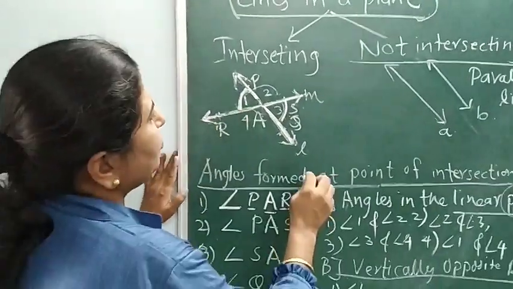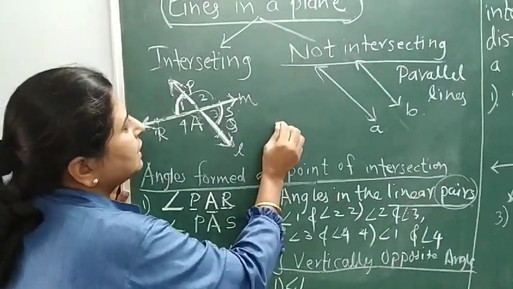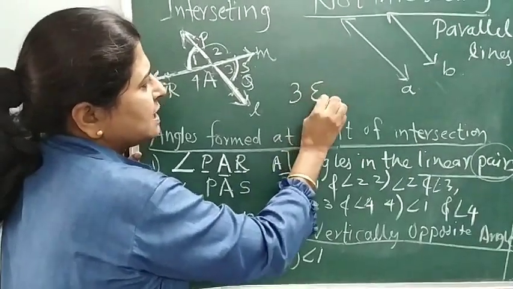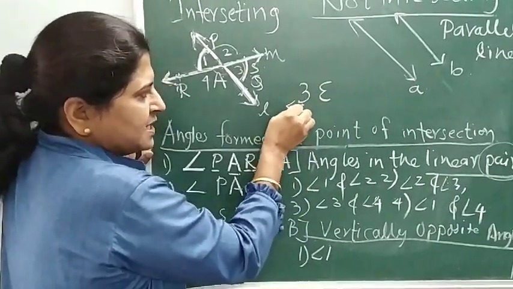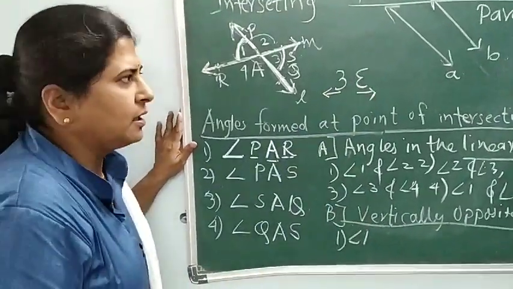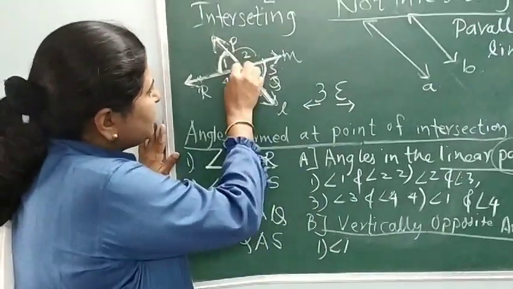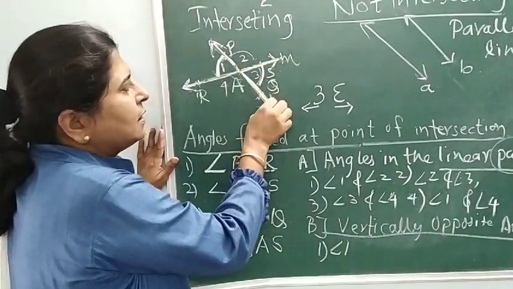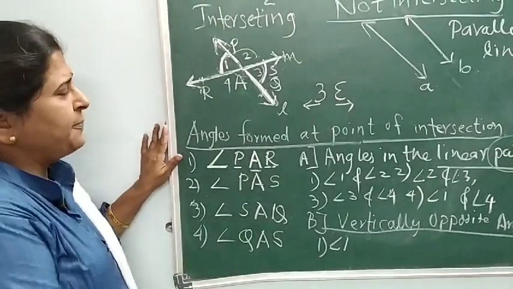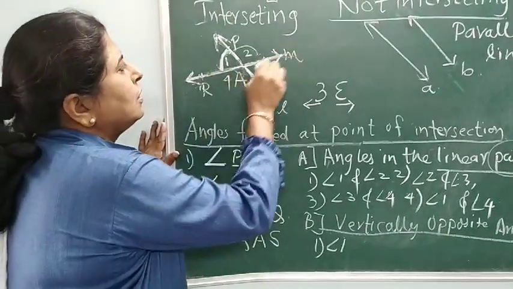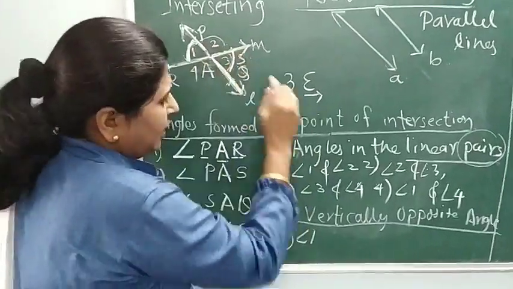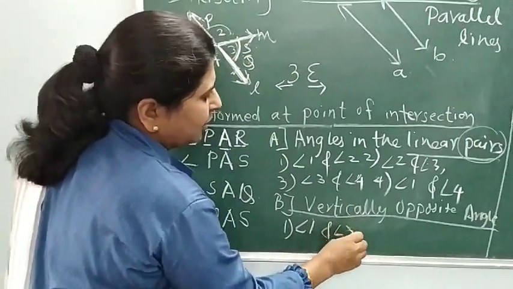It looks like the number 36 in Marathi, because suppose this is 3 and this is 6, its face is here, then the face of 6 is here. This we write in Devanagari as 36. So this is one angle, and another angle is on its opposite side. Only their vertex is the same, and their arms form a line over here. So angle 1 and angle 3 are vertically opposite.